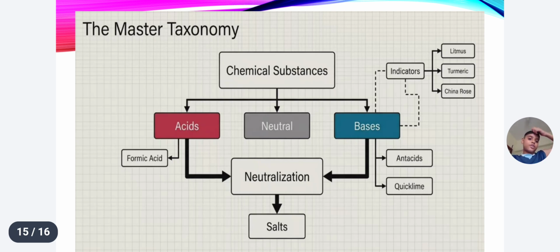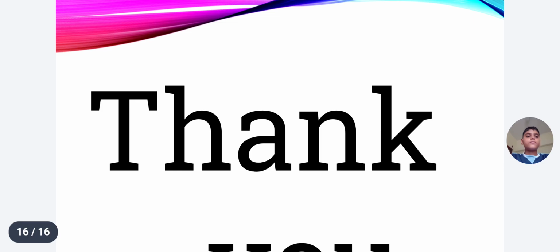Acidic and base react and form neutralization salt. Acidic can be formic salt example. Antacid and quicklime bases example. Bases like indicators. We also read indicators litmus, turmeric, China rose, then phenolphthalein. Olfactory may add the vanilla essence also.